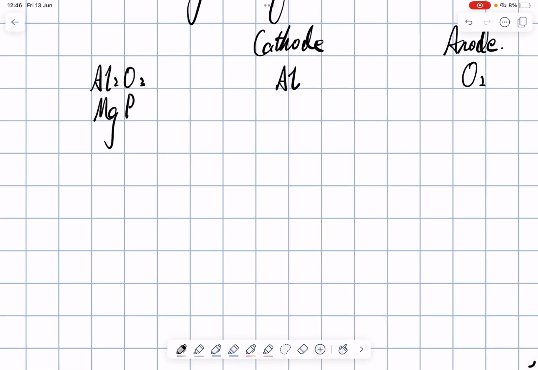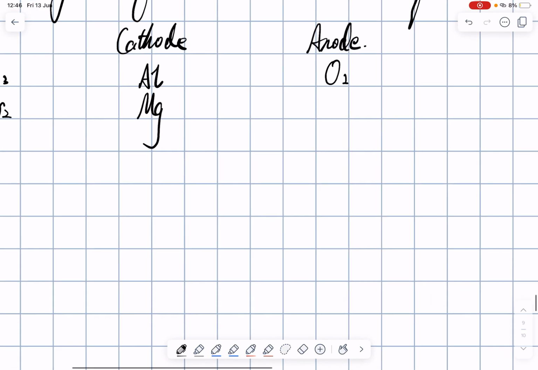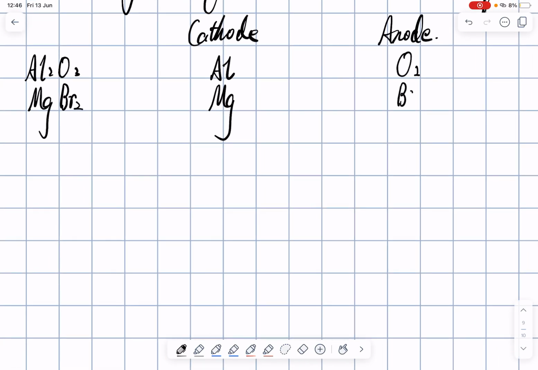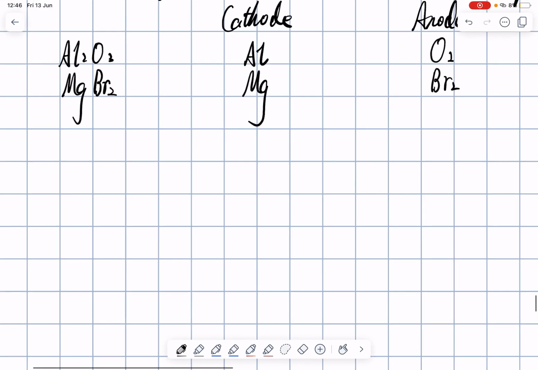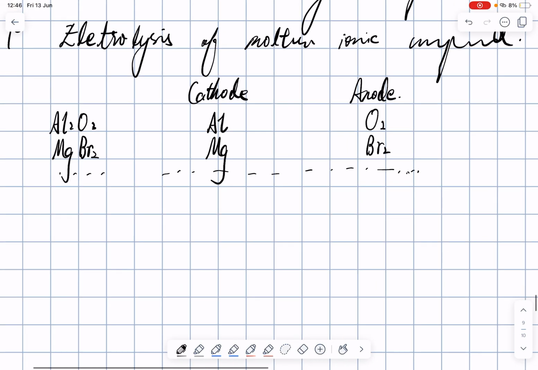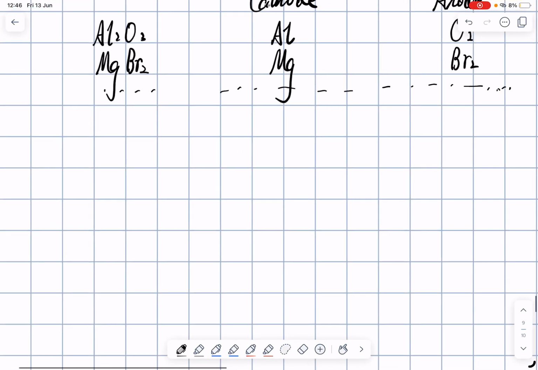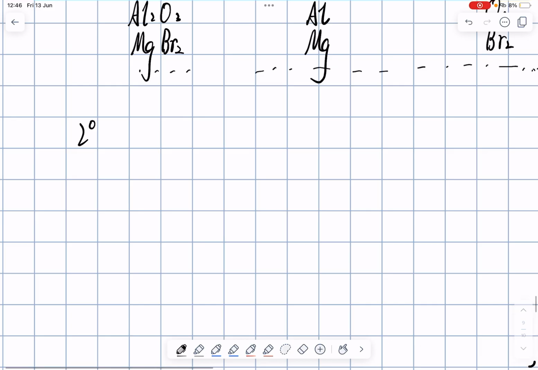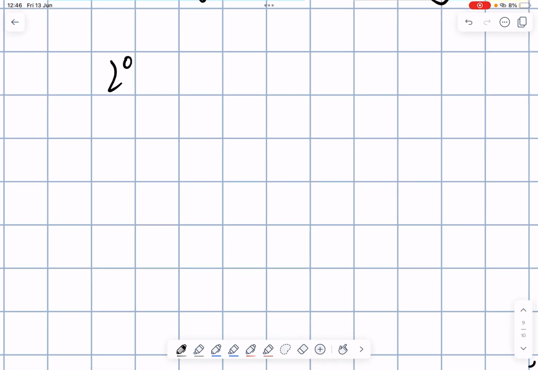For magnesium bromide, we get magnesium at the cathode and bromine gas at the anode, and it's just as easy as year 3 mathematics. We just write it analogously.